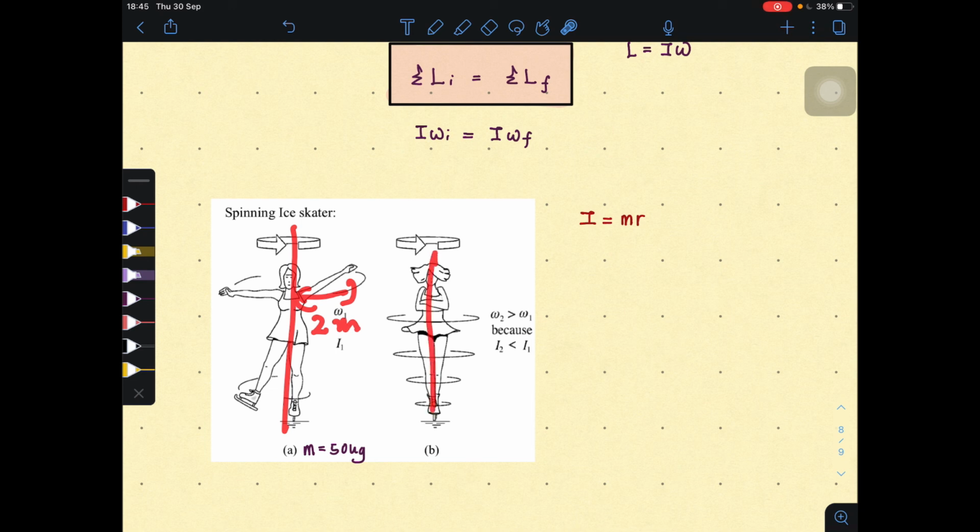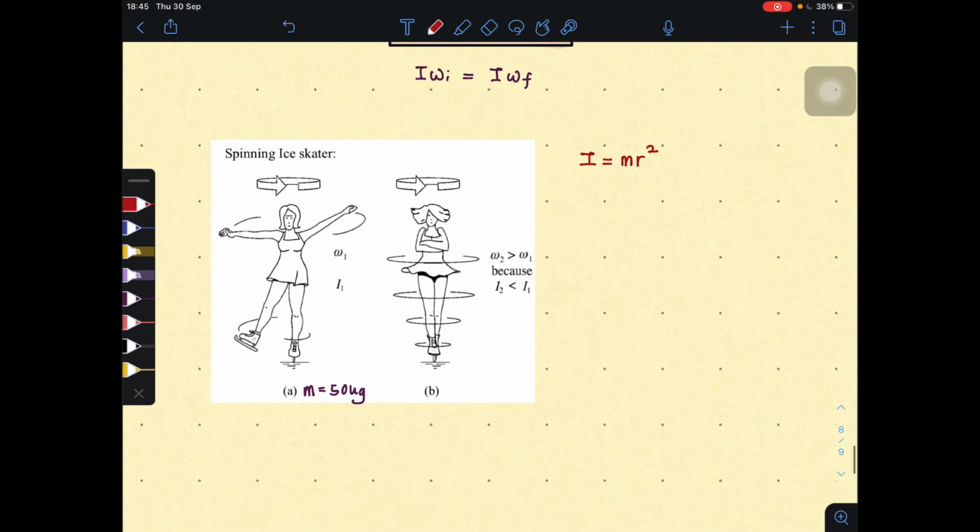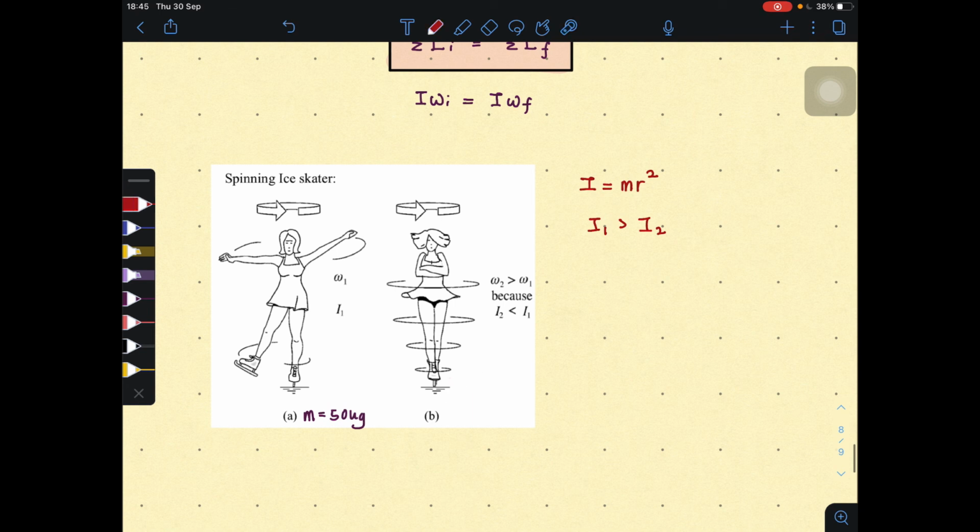Here, the value for R has decreased. So in situation 1, the moment of inertia is higher than in situation 2, because the value of R here is larger than the one here. So it means her moment of inertia will be high.